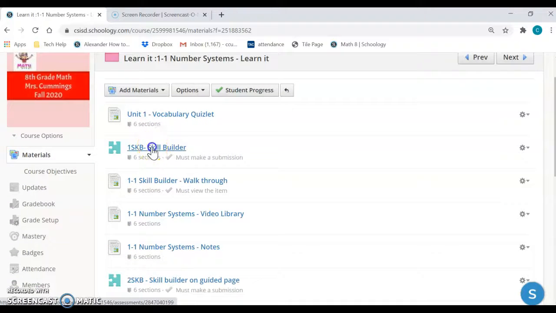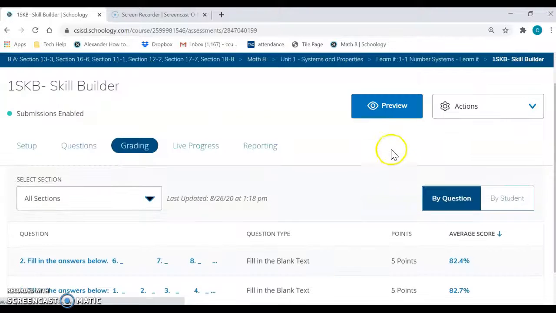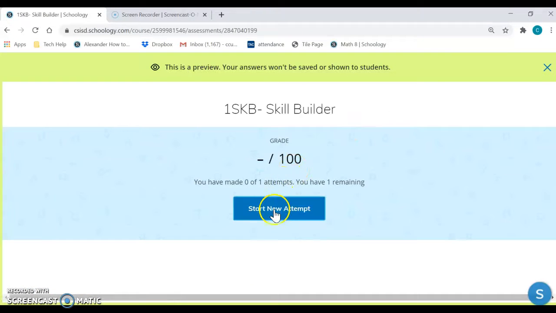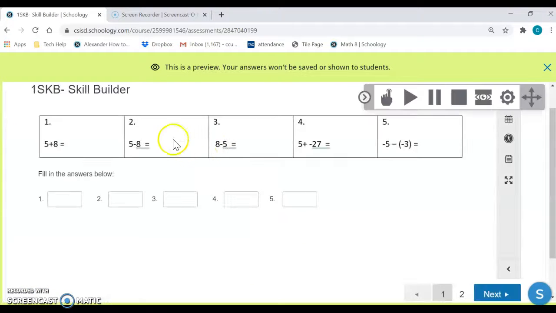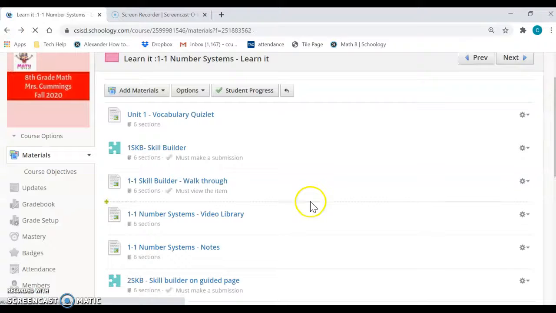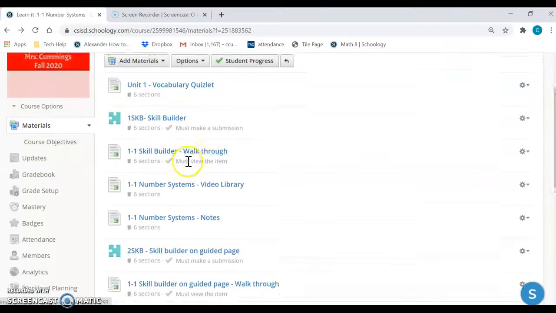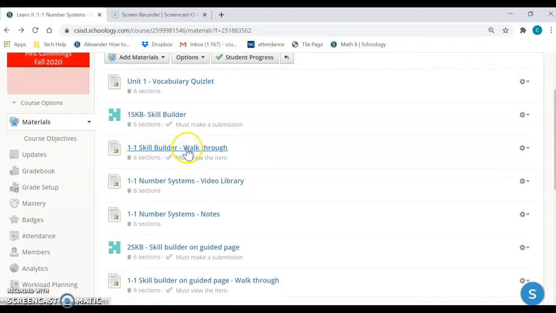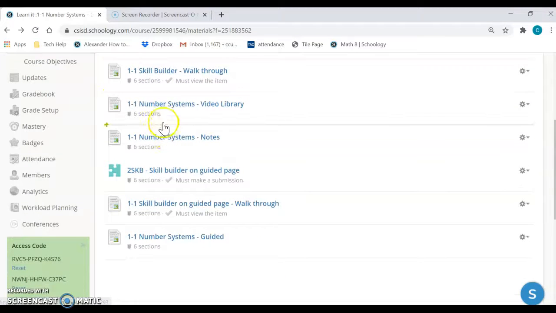Skill builders are quick questions to spiral in previous information. Once they are done with that, the computer is able to go back and click on the next link, which is the walkthrough, which is showing them the answers to the skill builders.